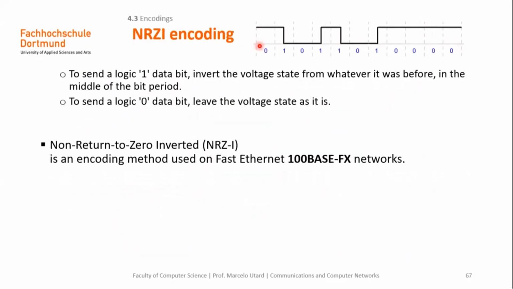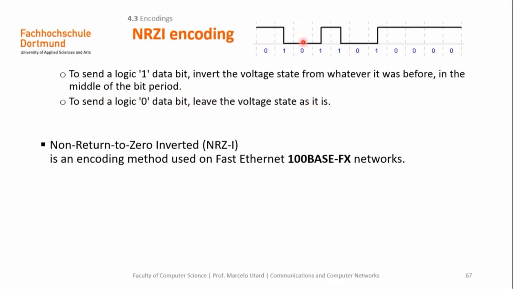NRZ-I encoding. To send a logic 1 data bit, invert the voltage state from whatever it was before in the middle of the bit period. This is a transition. This is another transition. But when we need to send a logic 0, we leave the voltage state as it is.